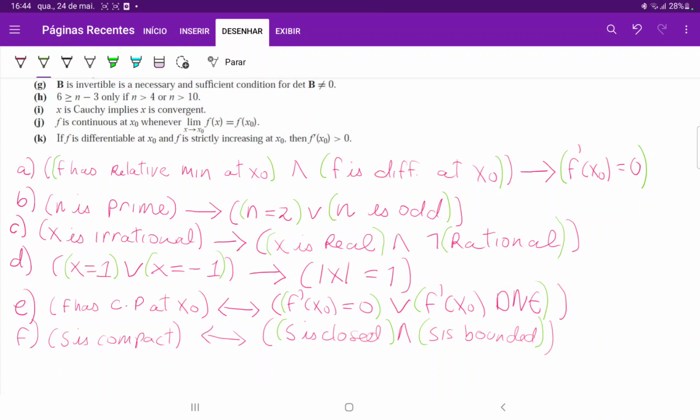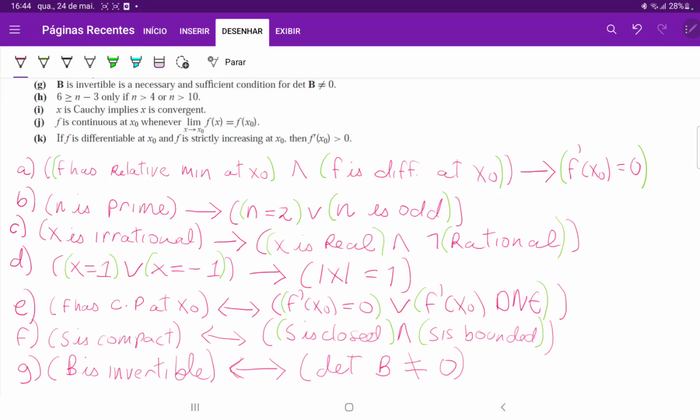Because we say that P is a sufficient condition for Q and Q is necessary for P. So for G, we're saying B is invertible, and once more, necessary and sufficient condition means if and only if the determinant of B does not equal 0, right?